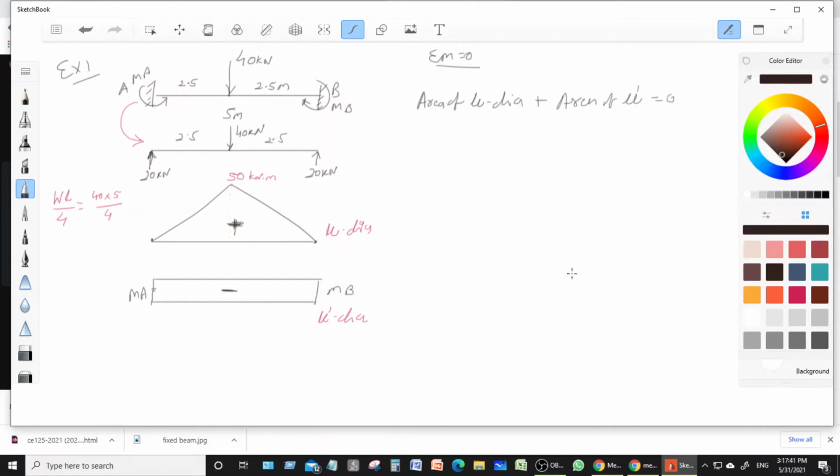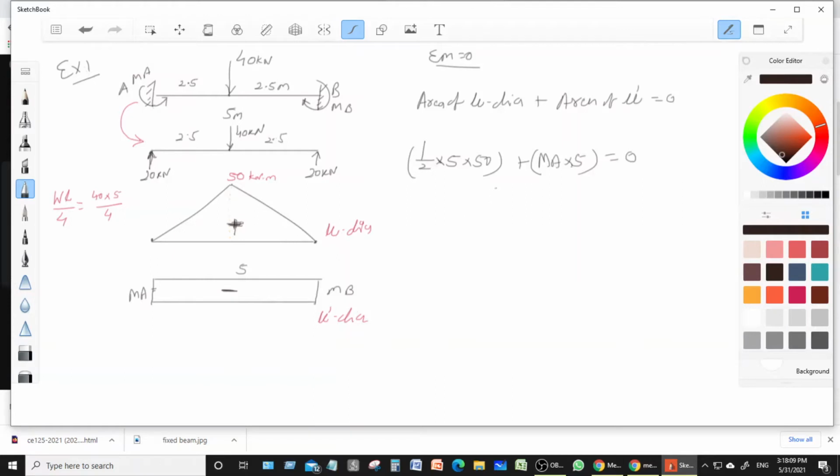Here the Mu diagram is triangular, so it is 1/2 into base, that is 5 meter span, into height 50. The Mu dash diagram is rectangular, so span is 5 meter, and Ma into 5 meter, because Ma is equal to Mb, plus that is equal to 0.